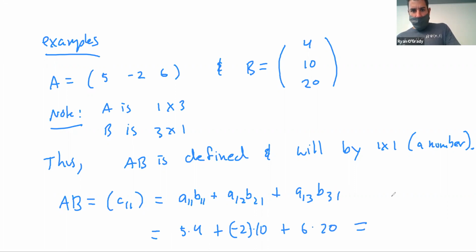And if you do the arithmetic here, that's 20 minus 20, which is 0, and then 120.